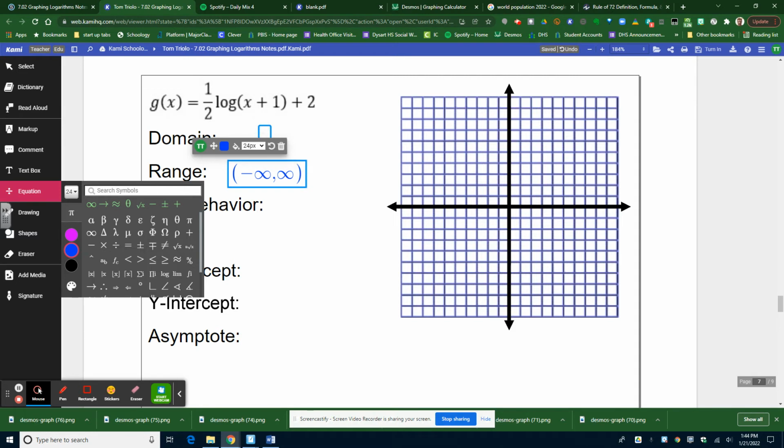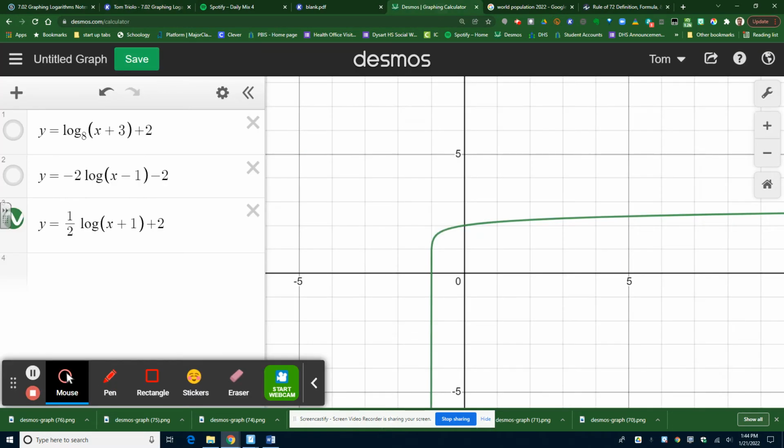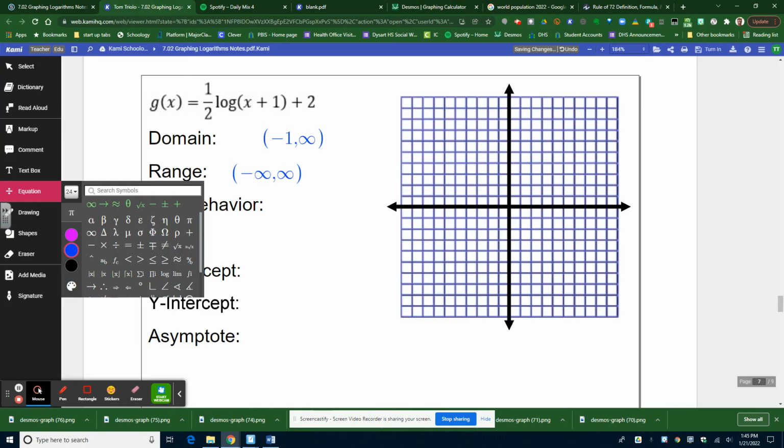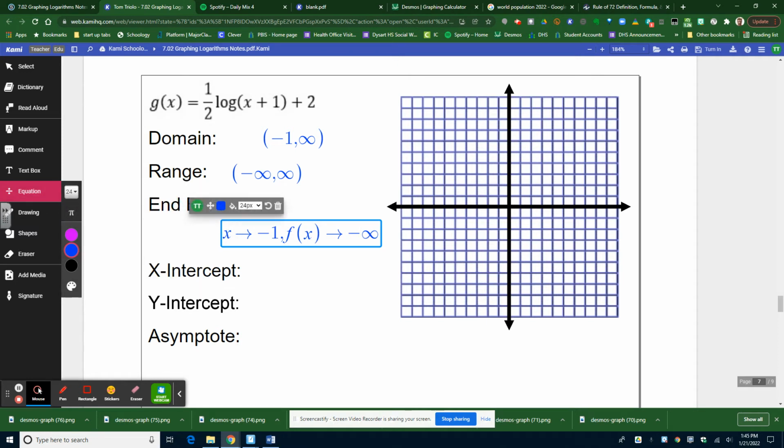So that means it's going to have a y-intercept. On infinity. As it approaches negative 1, is it going up or going down? It's going down. So we're approaching negative 1, and we're going down.